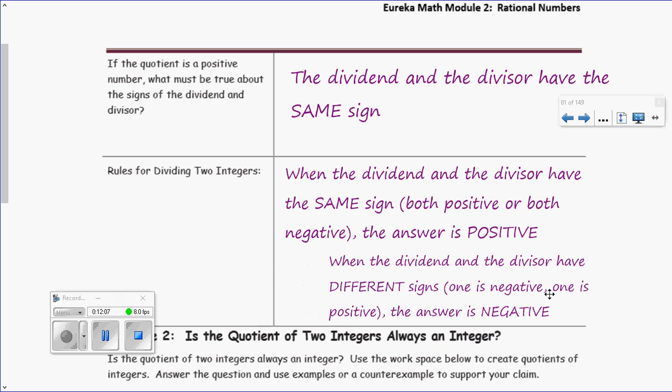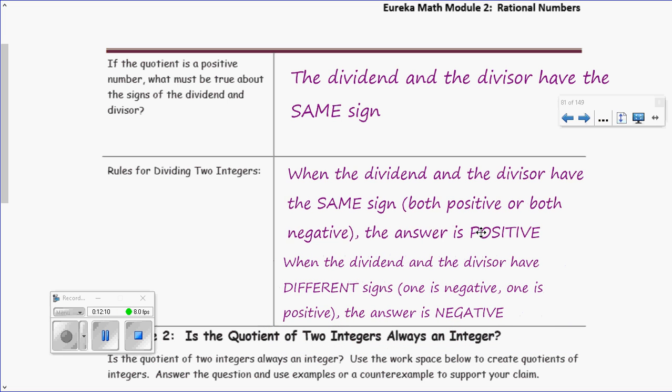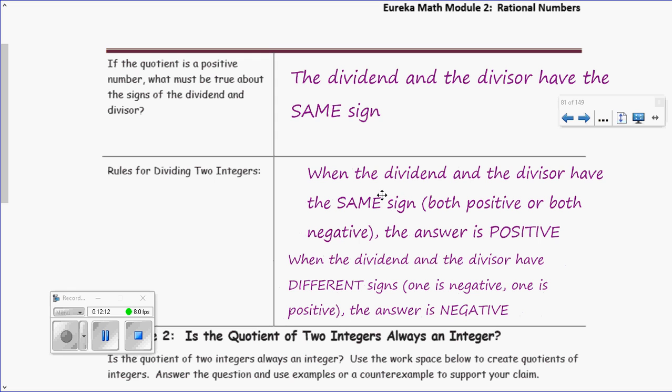Okay, and there you go. So those are your two pieces of information there. When the dividend and divisor have the same sign, the answer is positive. When they have different signs, the answer is negative.